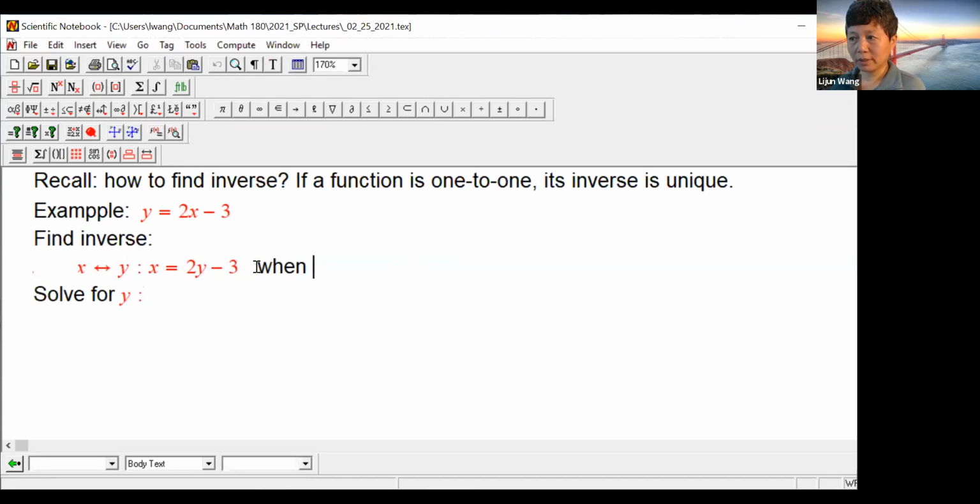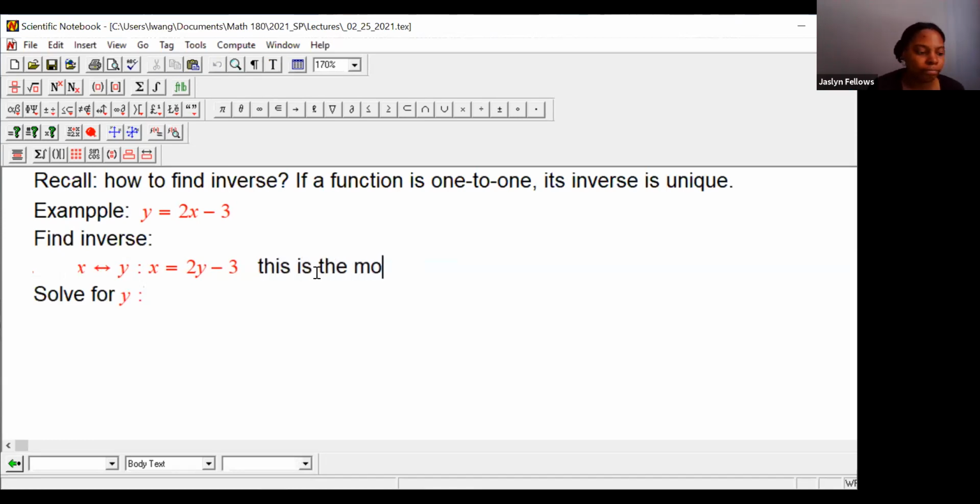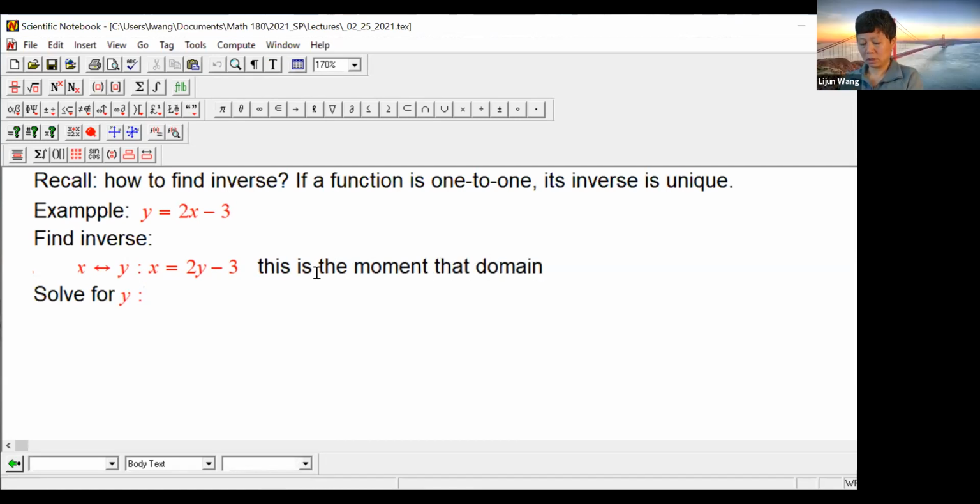When we do this, this is the moment that domain and range swap. Do you follow me? In your previous experience, you might have learned how to find inverse, and one of the steps is swapping x and y.